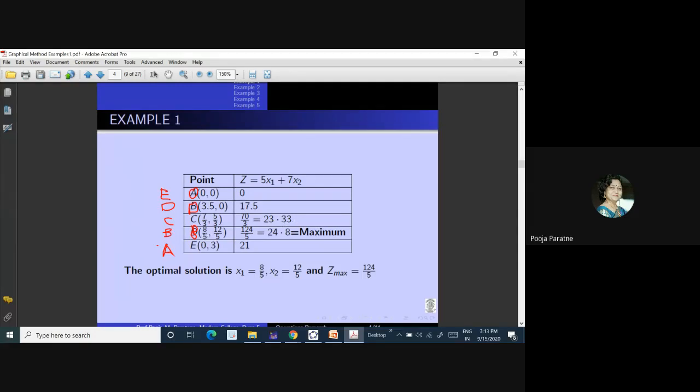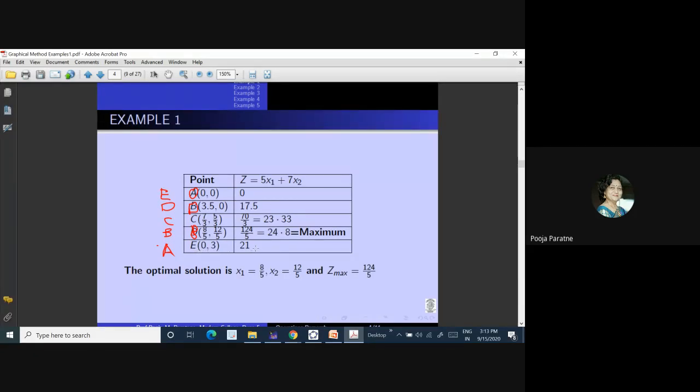Then this point is B, 8 upon 5, 12 upon 5. And if you calculate the value of Z, then it is 124 upon 5, which is exactly 24.8. And the last point is A, which is (0, 3), and the value is 21.